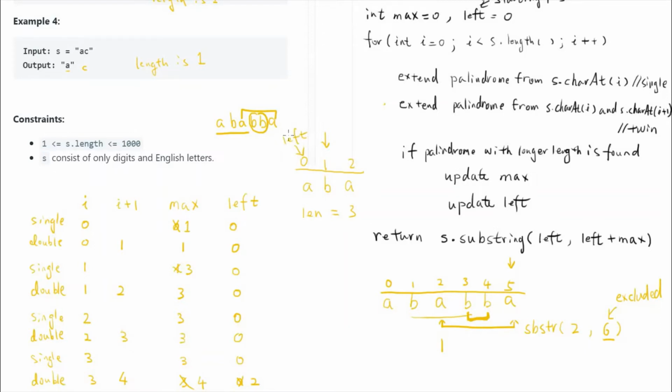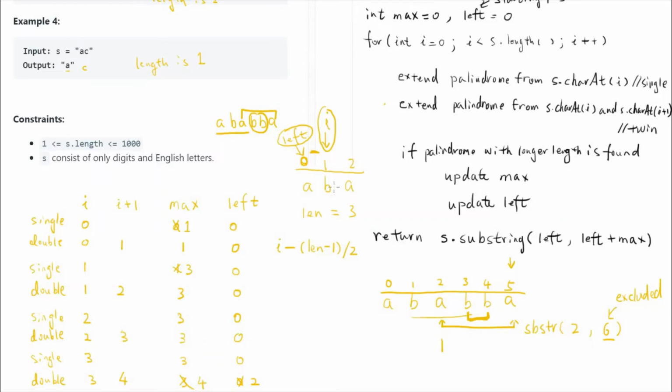To get the value for the left index, here is i. We need to use the index of the center minus the distance between the center and the left index. Len minus 1 divided by 2 gives you the distance from the center to the left. Then we use i minus the distance, and we will get the index for the left.